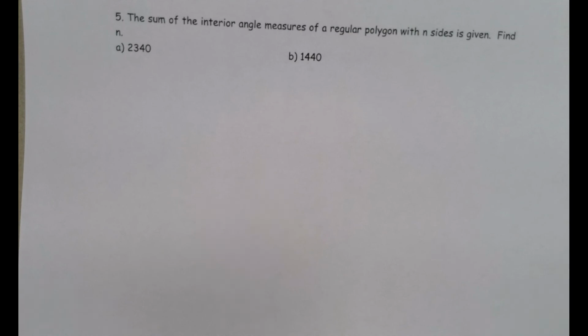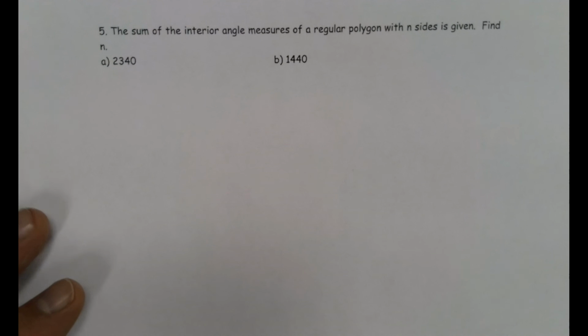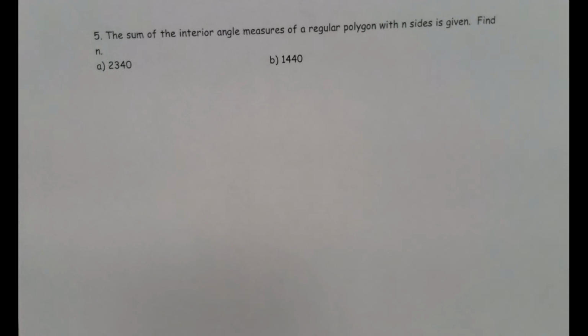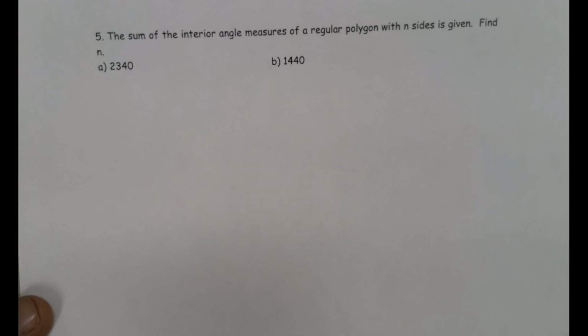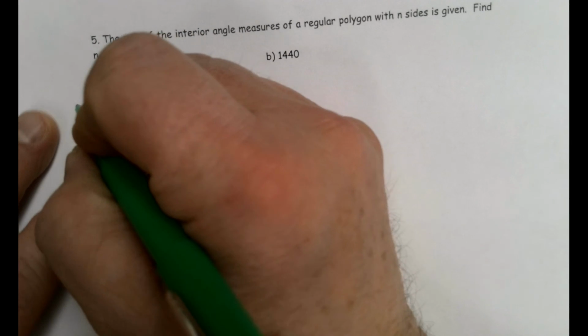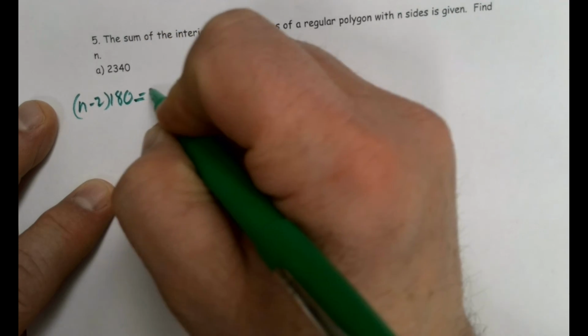All right, and the last type of problem, sum of the interior angle measures of a regular polygon with n sides is given. Okay, find n. So I know that n minus 2 times 180 is equal to 2340.